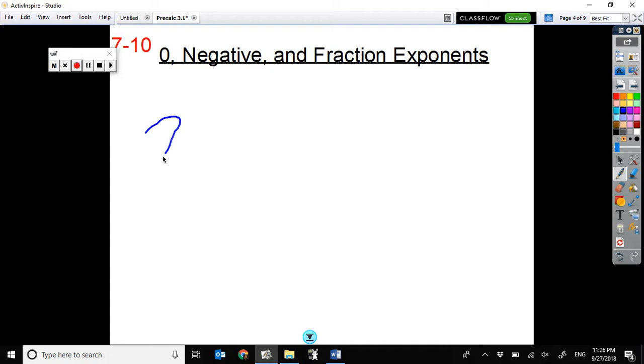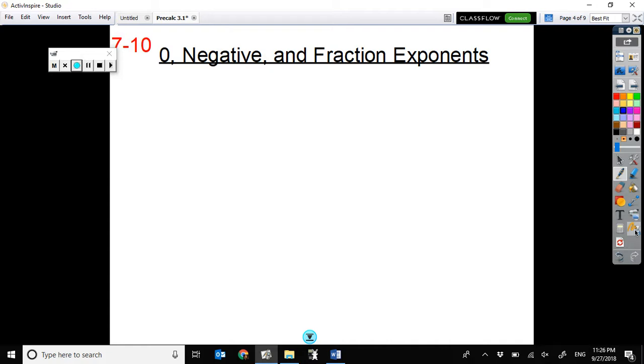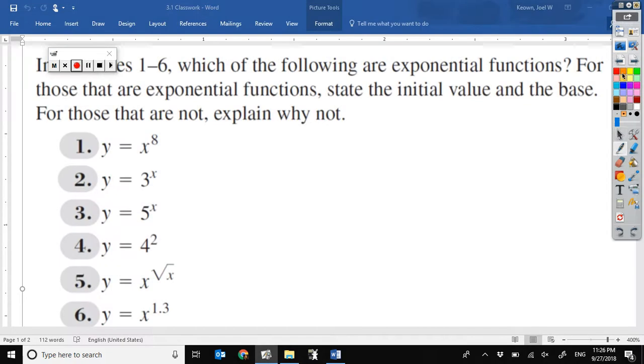Also, if I have 2 to the 0 power, 8 to the 0 power, or even 100 to the 0 power, it doesn't matter, it's just 1. Anything to the 0 power is 1. So if I look at the problems on your page, see if I can scroll down here.